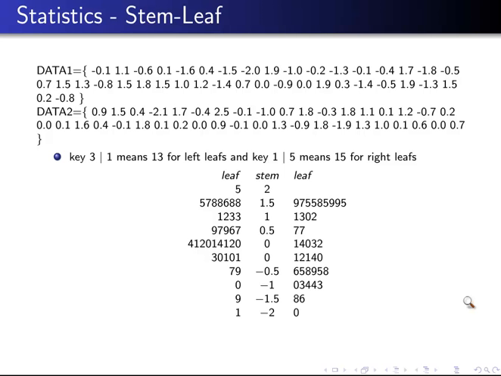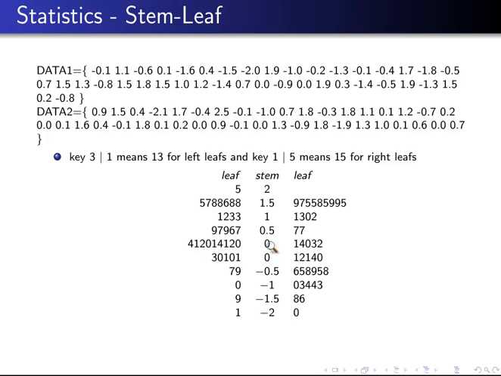The one on the left is data 2 and the one on the right is data 1. This is a slightly different stem leaf plot in that we don't have 1.5, 1.6, 1.7. Each of the stems covers 5 decimal places.